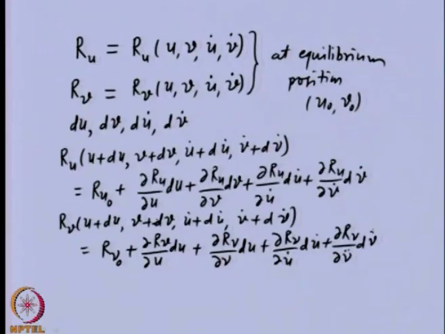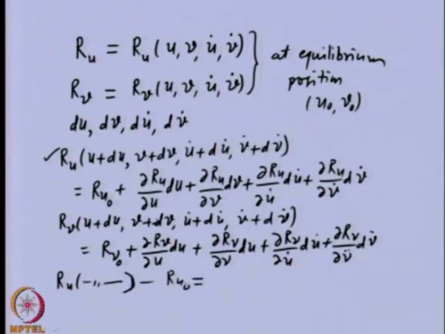Now, you can see that this particular force is the force due to the initial equilibrium position and the disturbance. The change in the force in the u direction and v direction we can get by writing this particular u, which is a function of all those variables, minus its value at equilibrium.